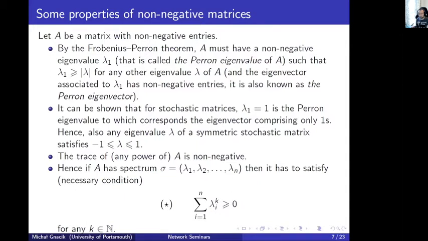Sometimes people use the same terminology for matrices which have non-negative eigenvalues, or equivalently can be written as a product of a matrix with its transpose. Here I'm working only with matrices which are entry-wise non-negative.